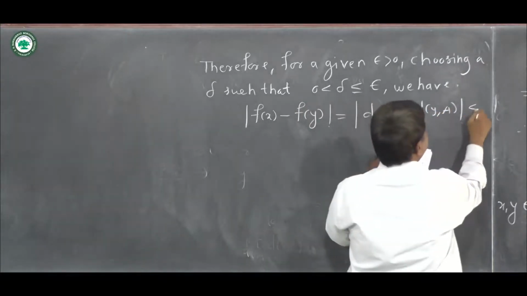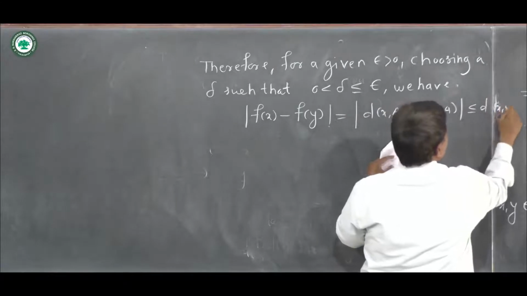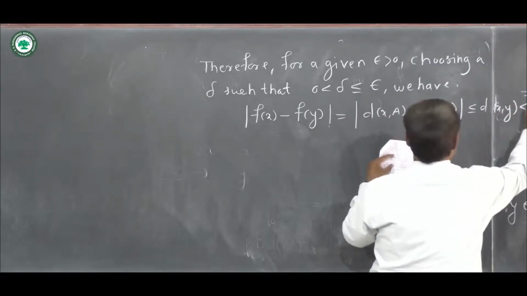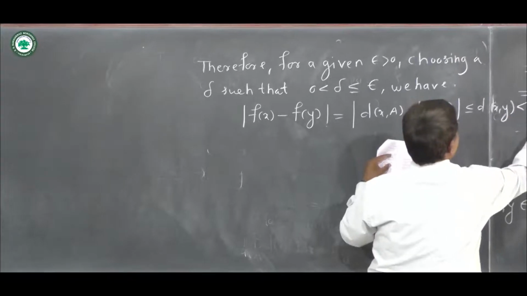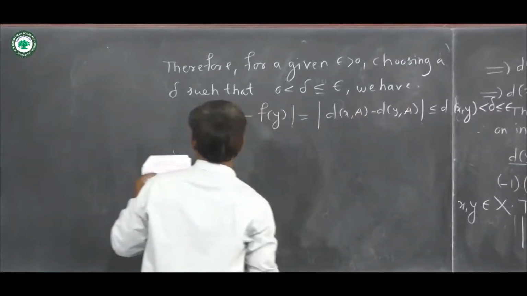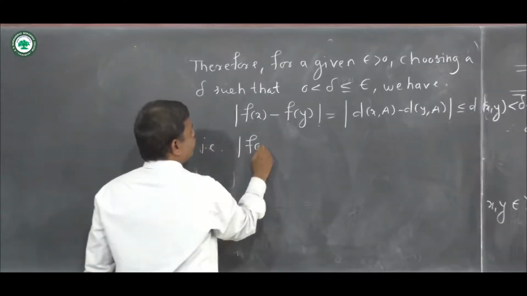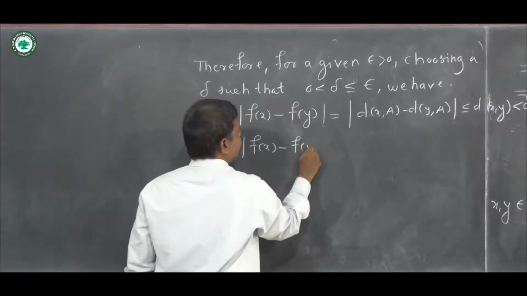This is less than or equal to d of x comma y, which is less than delta, and this is less than or equal to epsilon.